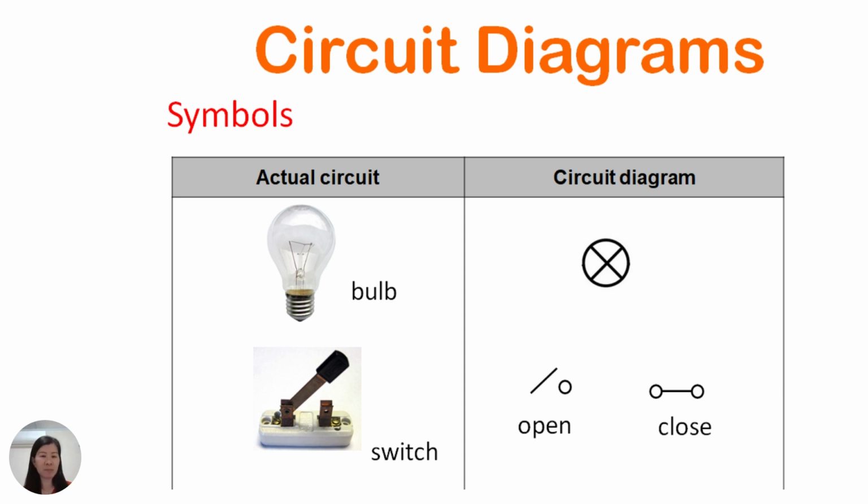Now for switch, in terms of symbols, these are the two symbols that we use. If we have a closed switch, it's just closed like this, as can be seen. If it is an open switch, we'll draw it in a different way to show the gap. That shows that it is an open circuit with an open switch.